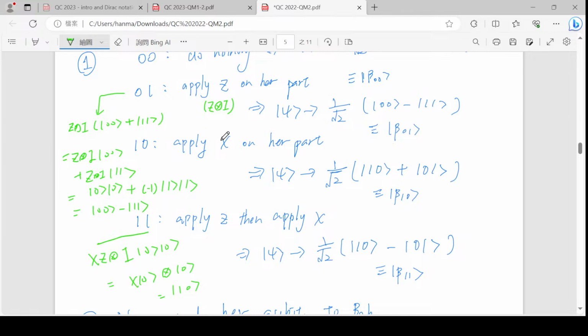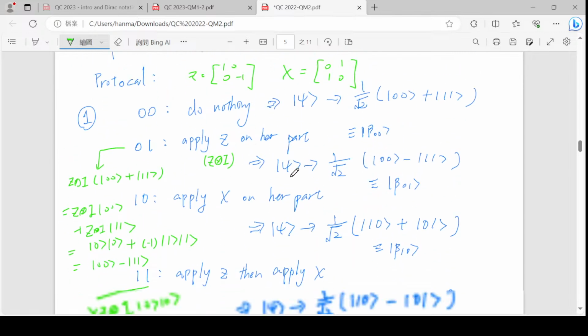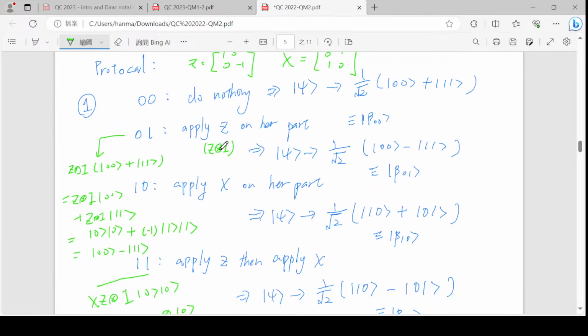So what is Z on Alice's part? We think about the 2 systems: it is Z tensor identity, because the Z is only on the Alice part, nothing on the Bob part. Now think about Z tensor identity on 00 plus 11. There are multiple ways to do this.